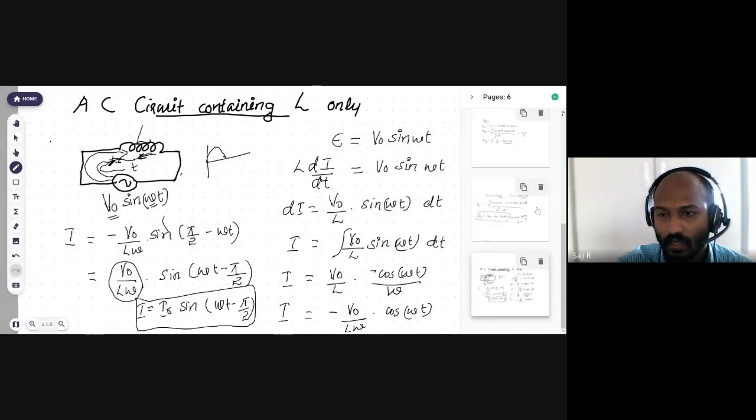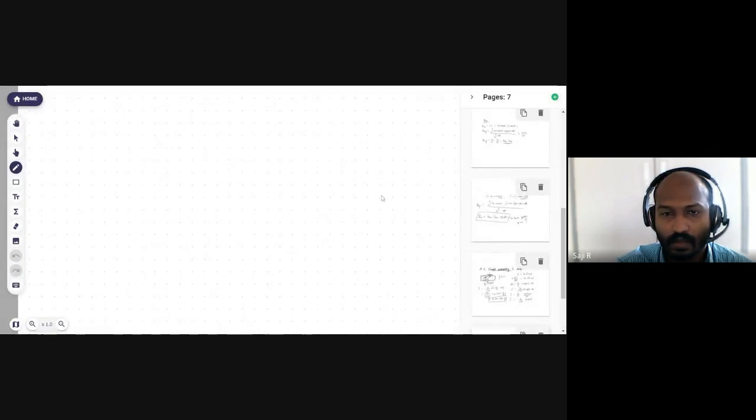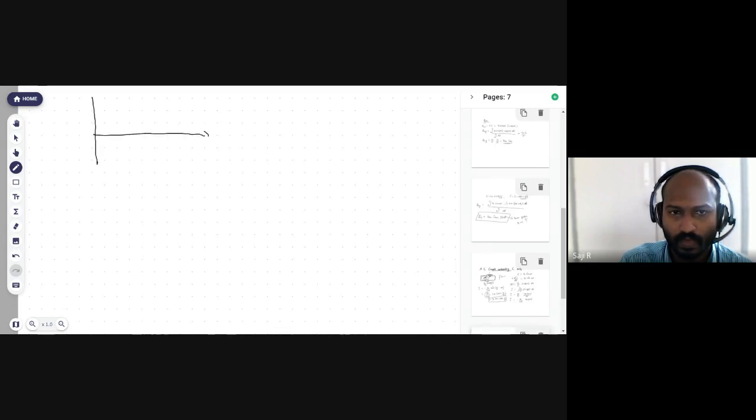Now I'm going to draw a graph. Here I'm going to draw omega t, and here is V or I. First, the AC voltage will look like this.